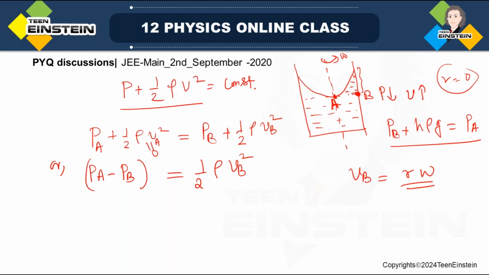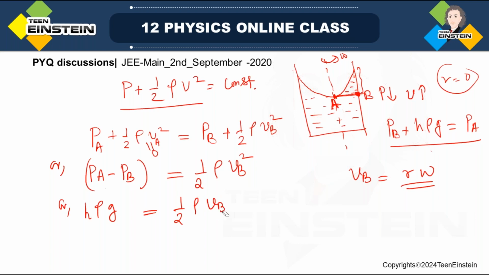The radius is given, and in this term I have H rho G. So H rho G is equal to half rho VB square.